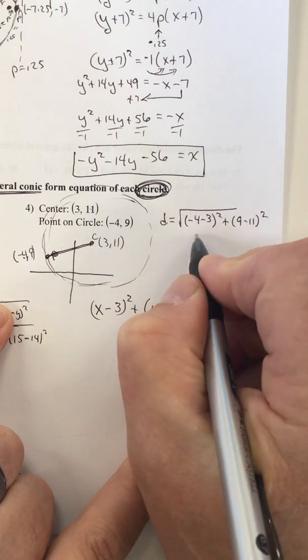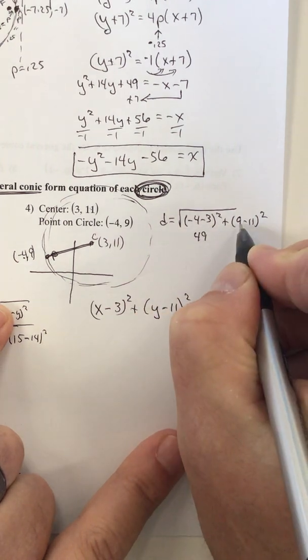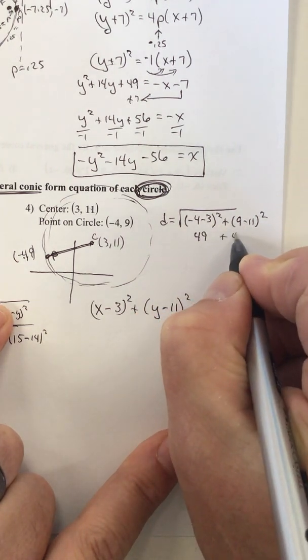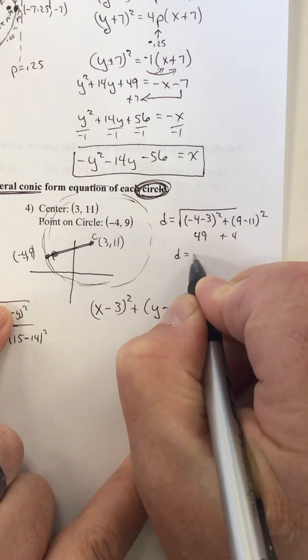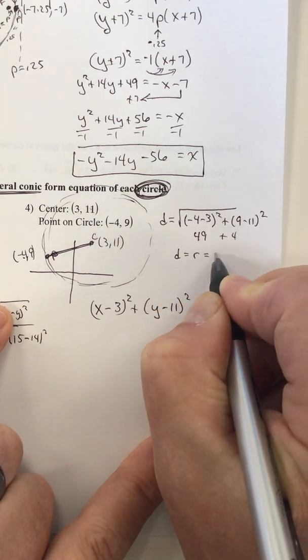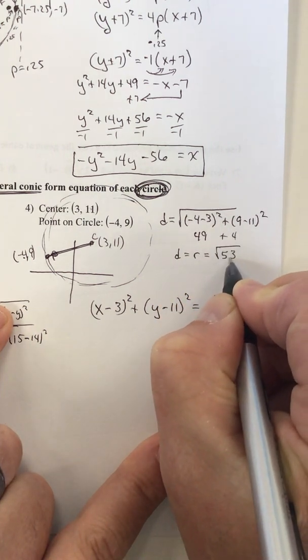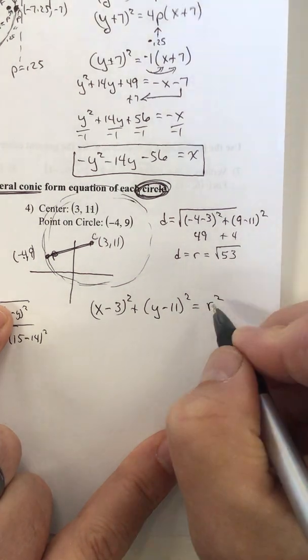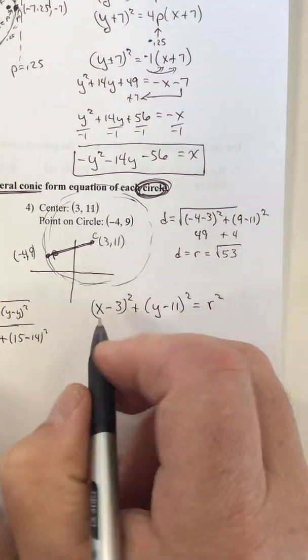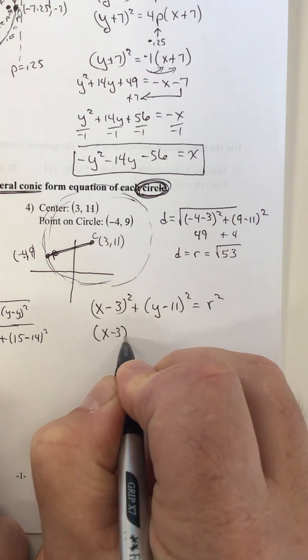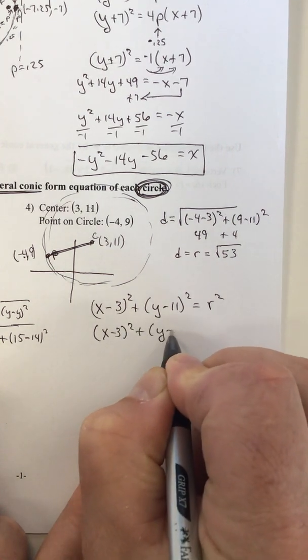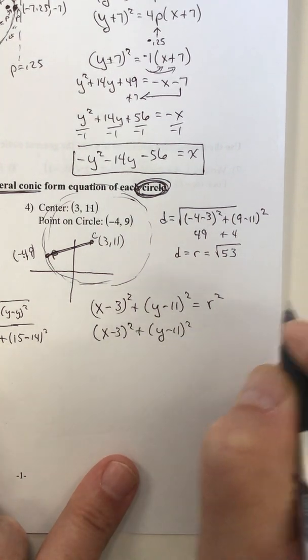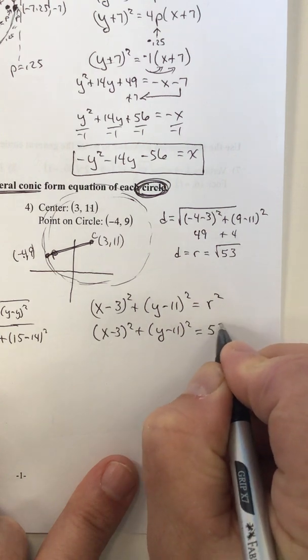So that's negative 7 squared, so that's 49. That's negative 2 squared, so that's 4. So the distance, which is the radius now, is the square root of 53. So when I square it, I'll put it in there as a 53. So we have (x minus 3) all squared plus (y minus 11) all squared equals 53.